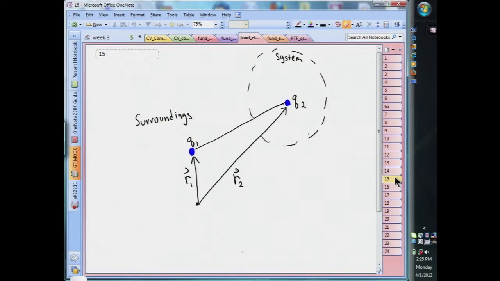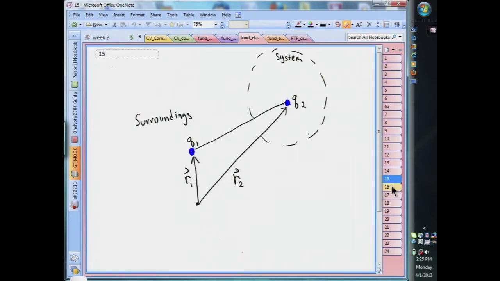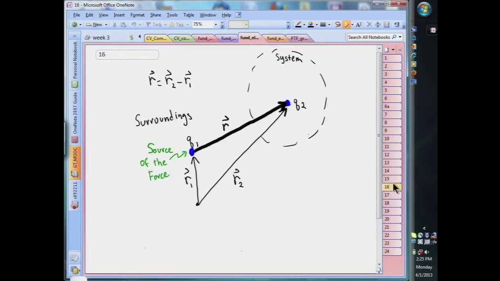So, as before, if we make a choice of origin for a coordinate system, then, once again, we can define the relative position vector r that is parallel to the line joining the objects. The vector r locates where our system, charge Q2, is with respect to the source of the electric force, charge Q1.